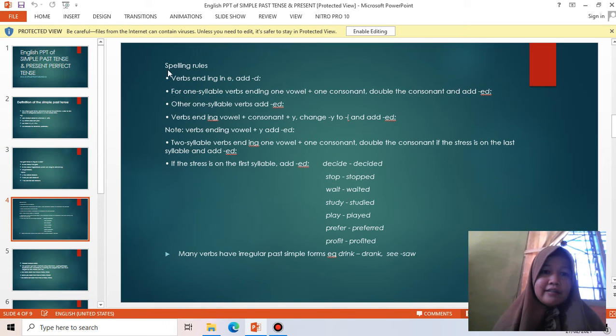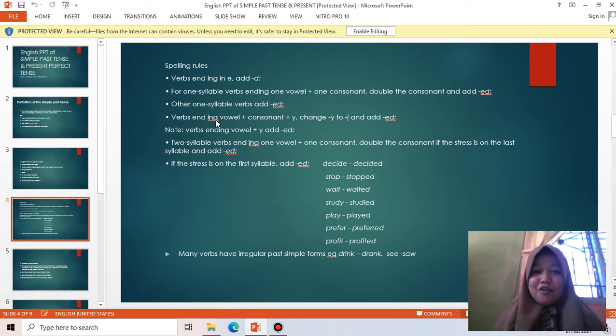So, these are the spelling rules for adding d or ed to verbs. For verbs ending in e, we add d. But for one-syllable verbs ending in one vowel plus one consonant, double the consonant and add ed. Other one-syllable verbs add ed.